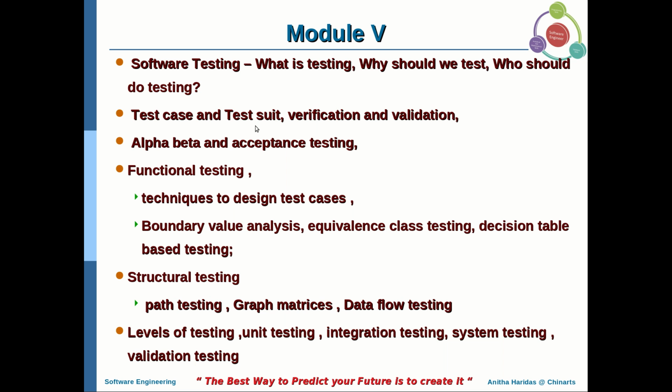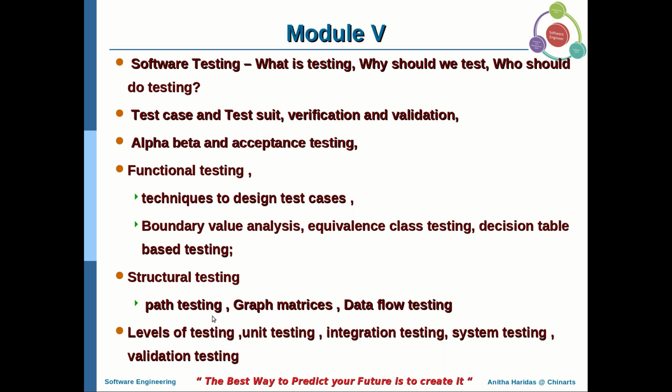Then we will find out the difference between verification and validation, and terms like alpha testing, beta testing, and acceptance testing. Then the two very important testing strategies, functional testing and structural testing, will also be discussed here.